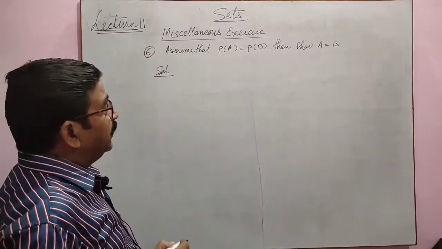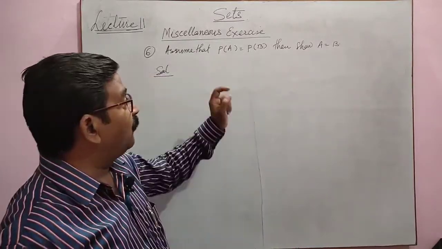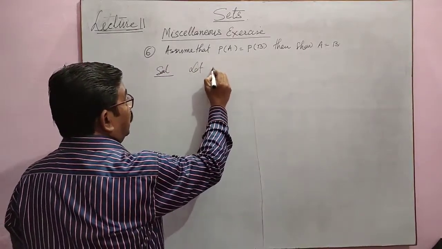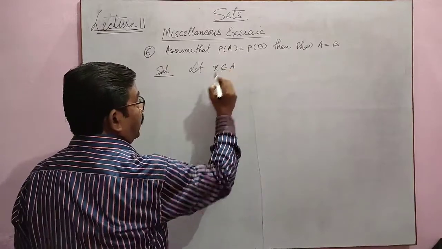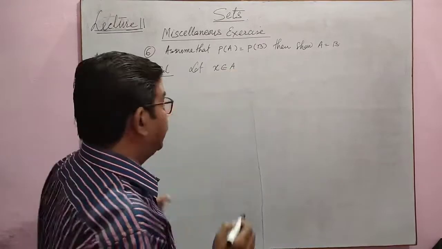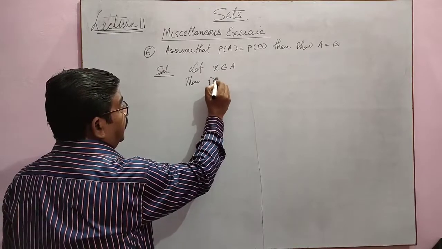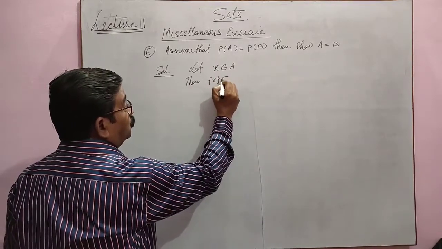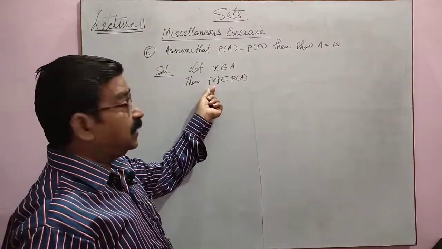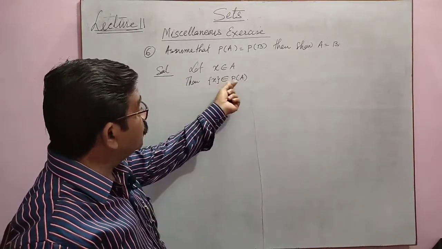Solution. Suppose X is any element of A. A is a set, so X belongs to A. Then this subset X belongs to PA, because this is a subset belonging to the power set.